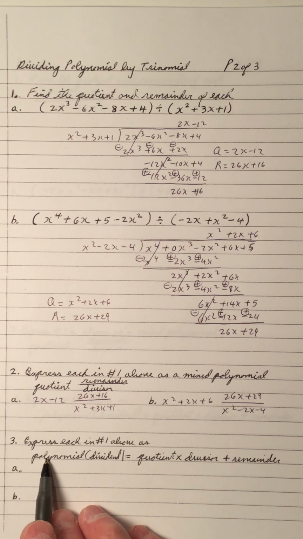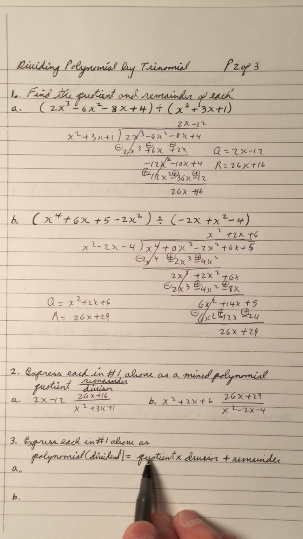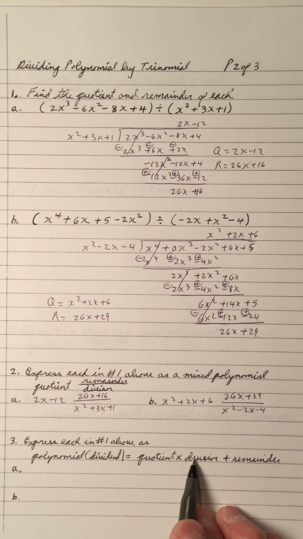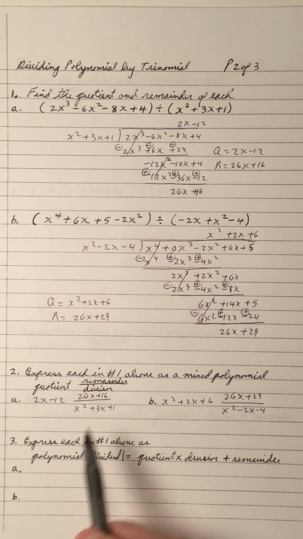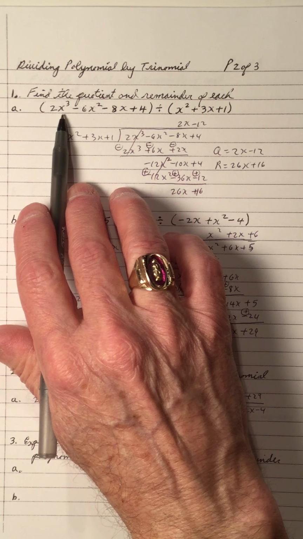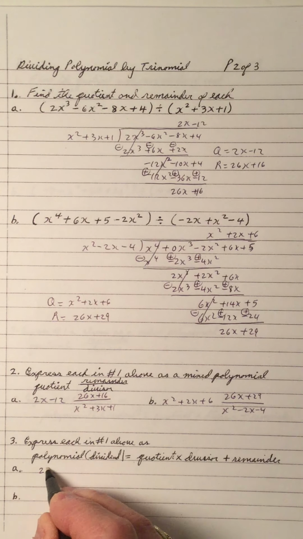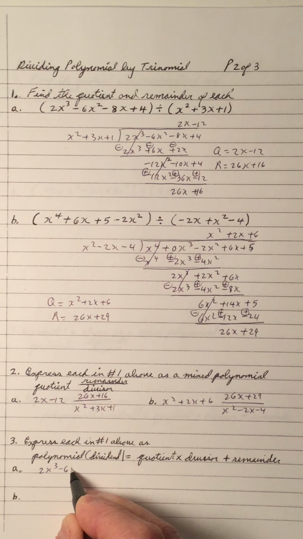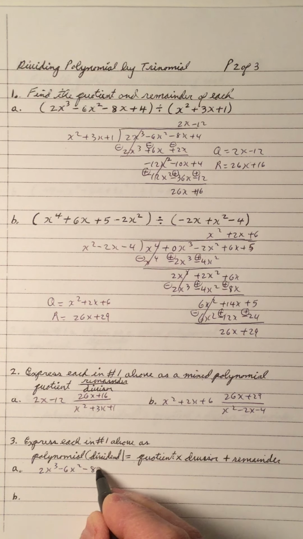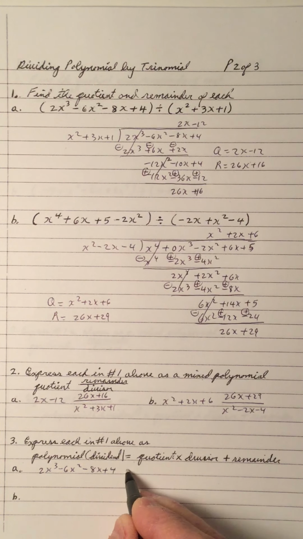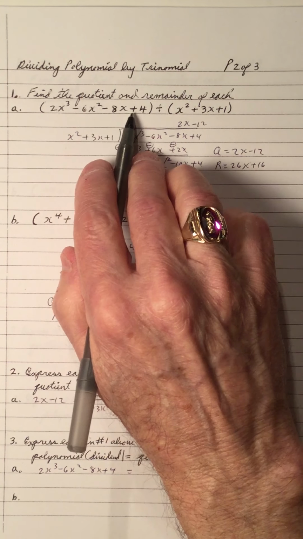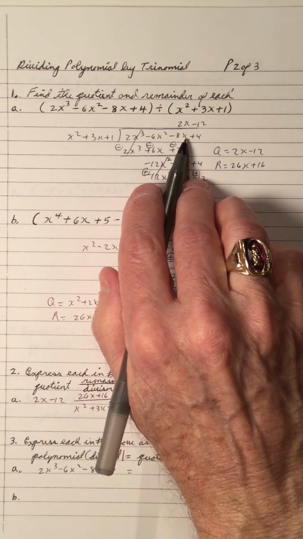And another way to write this is the polynomial, or dividend, is equal to the quotient times the divisor, and add on the remainder. So my polynomial is right here. Let's write all this down. My polynomial is 2x cubed minus 6x squared minus 8x plus 4. That's my dividend.